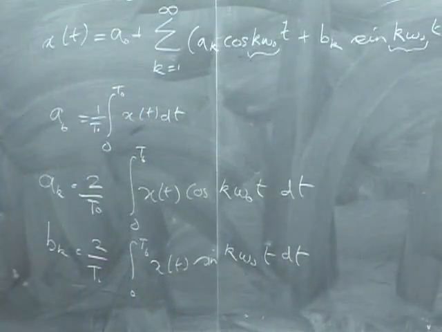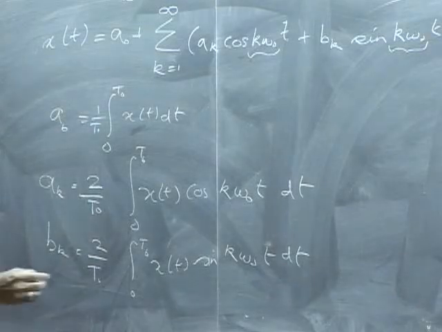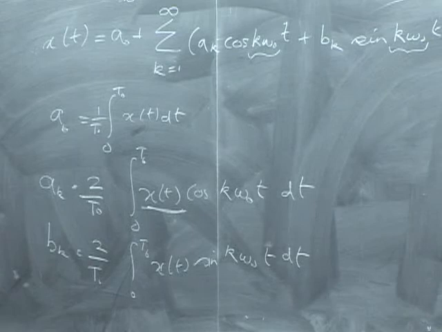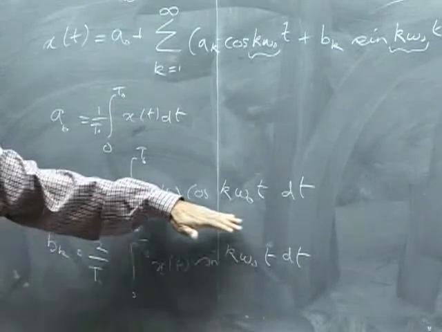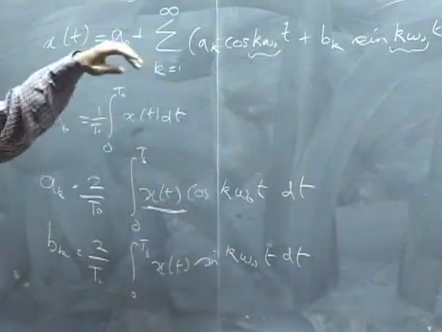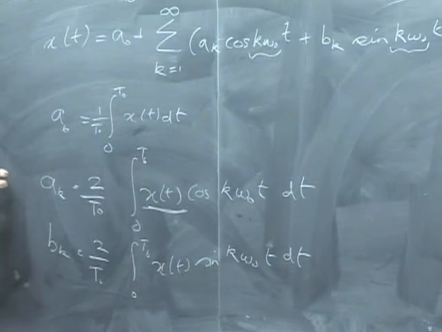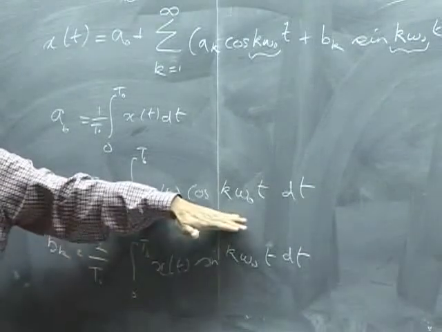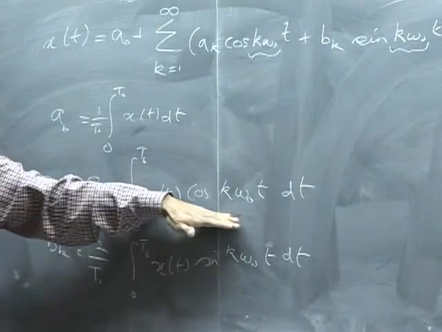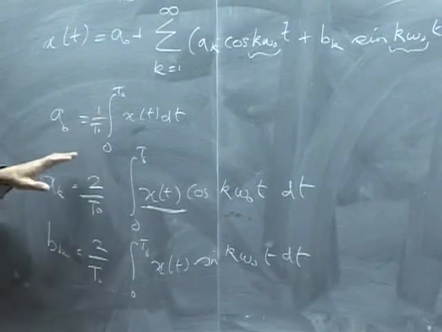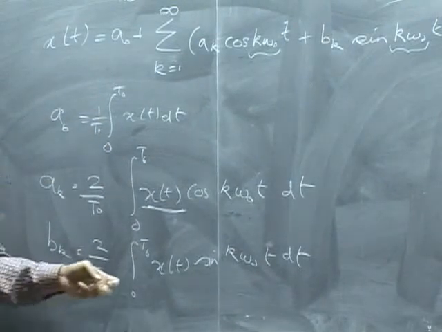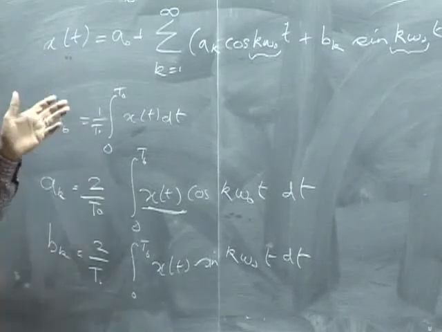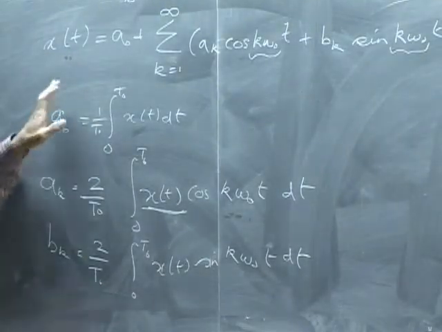So we have explicit values for ak and bk depending on x(t). If I tell you what x(t) is, I basically multiply x(t) with the cos(k omega naught t), which you'll recognize as the kth term anyway, and take the integral, and that gives you ak. Similarly, you do the same with the sine, take the integral, and that gives you bk. Then we plug them in over here, and you get x(t).